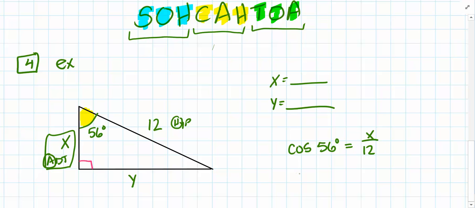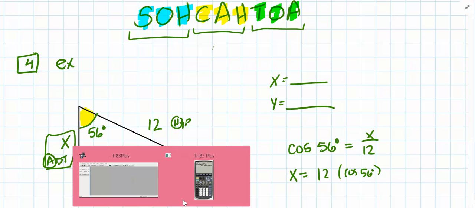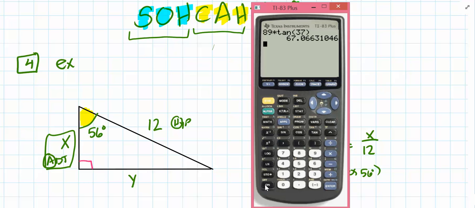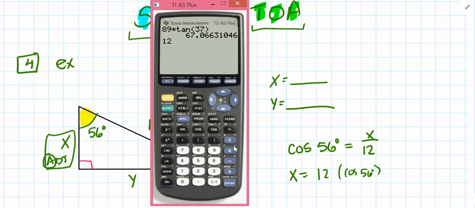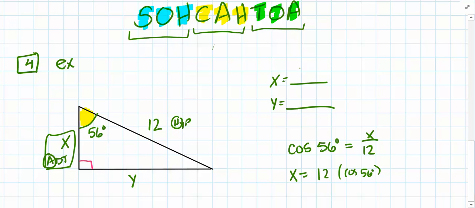So x has to be 12 times the cosine of 56 degrees. We go to our calculators. We plug in 12 times the cosine of 56 degrees, and we get an answer of 6.710. X is approximately 6.710.